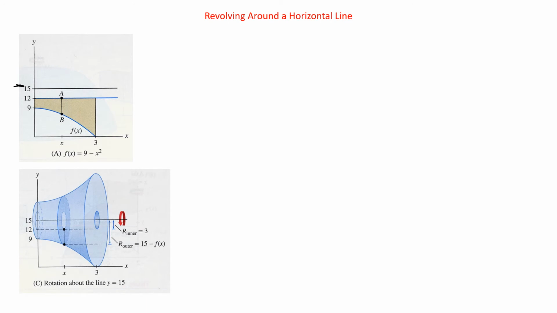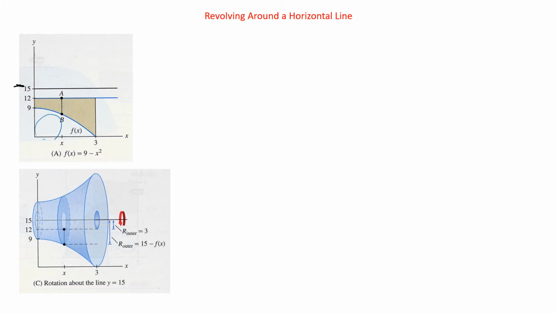In this case, the outer radius, the big one, we start where we revolve and we go down. So it's from 15 down to our function, our y value. So this radius isn't y.